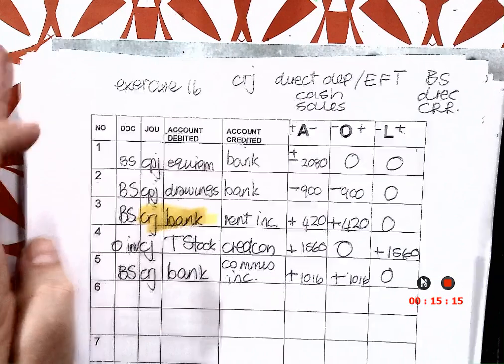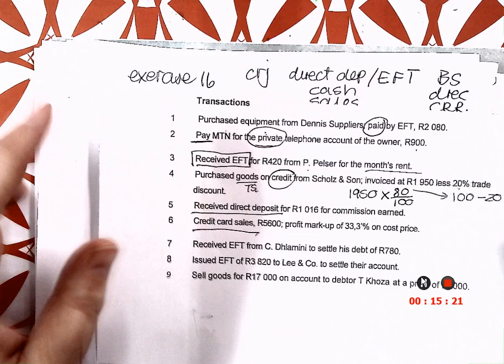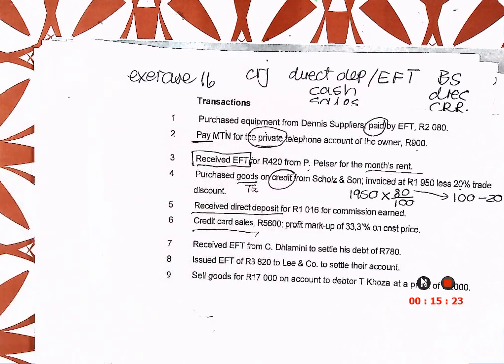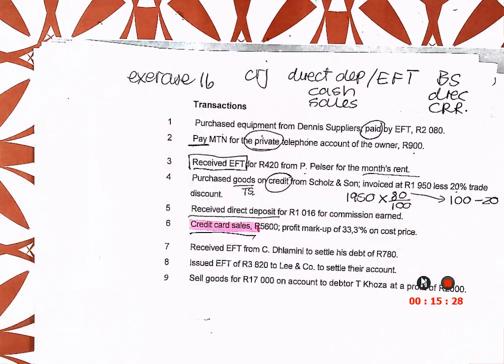Okay, so now they say here, and they did this to confuse you, credit card sales. Is this credit sales or cash sales? You see? This is the trick. A credit card, how does a credit card work?